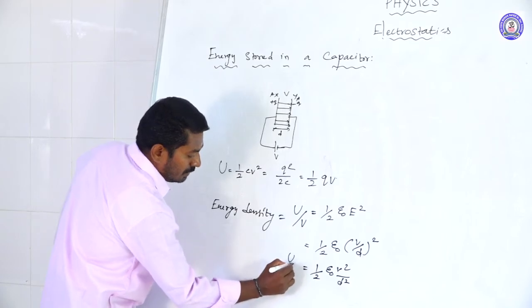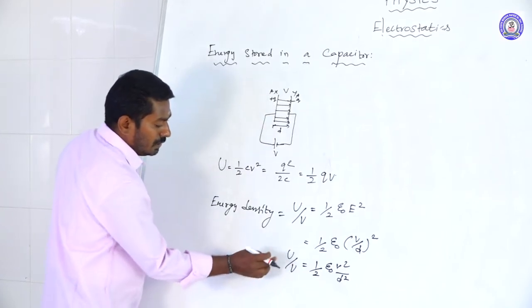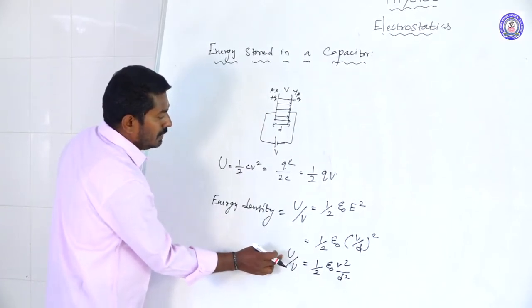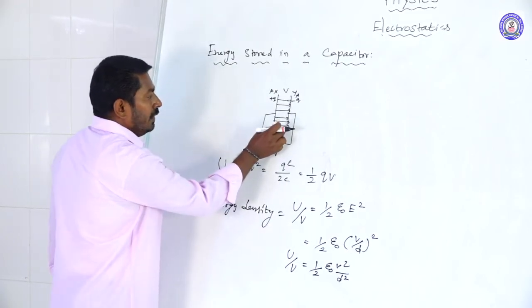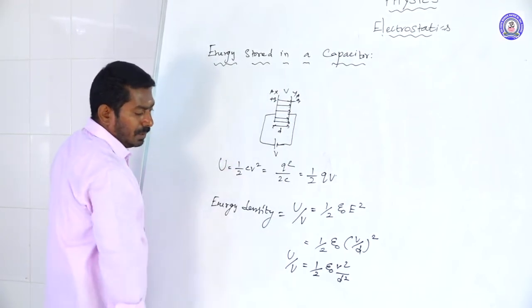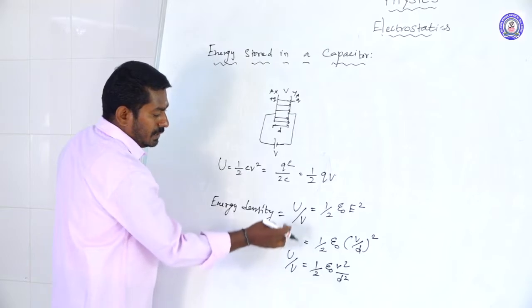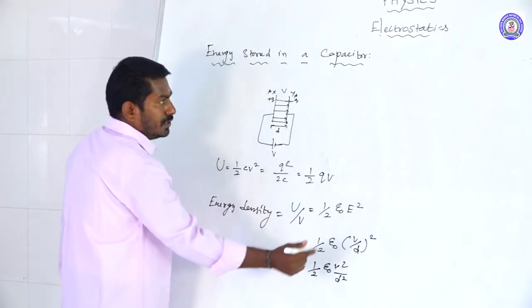So the electrostatic potential energy stored per unit volume of space between the two plates of a parallel plate capacitor is the energy density, half epsilon naught E square.